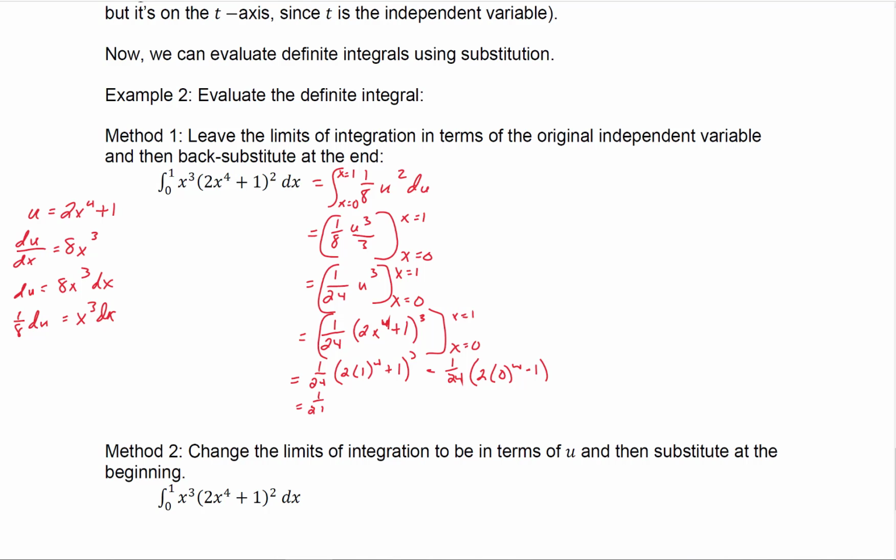So this is 1/24. 1 to the fourth power is 1, times 2 is 2, 2 plus 1 is 3. So we have 1/24 times 3 to the third minus 1/24 times 1 to the third.